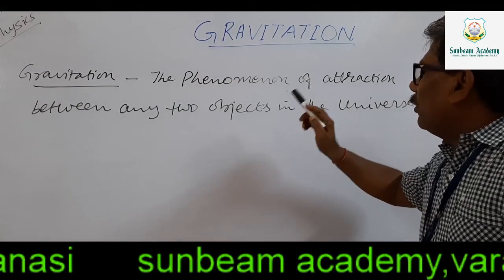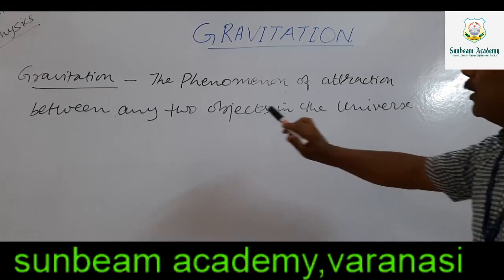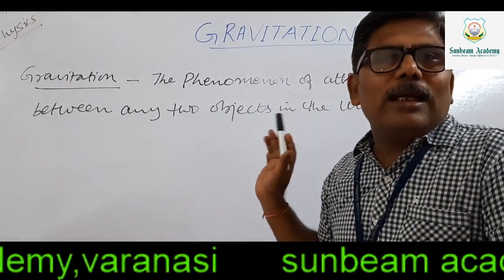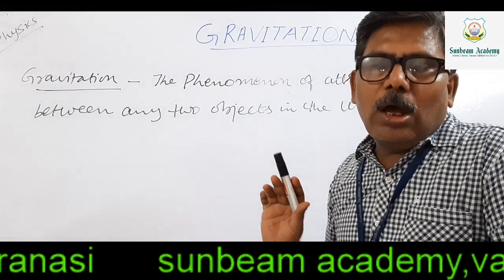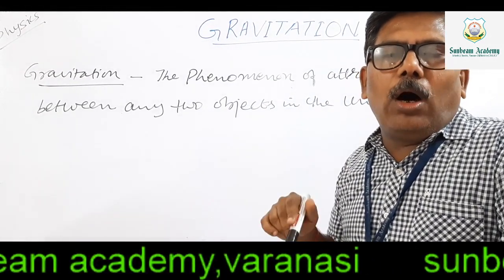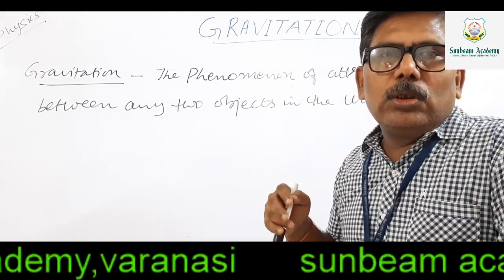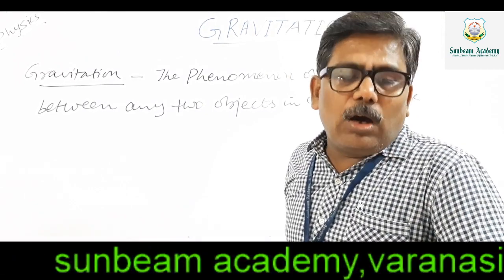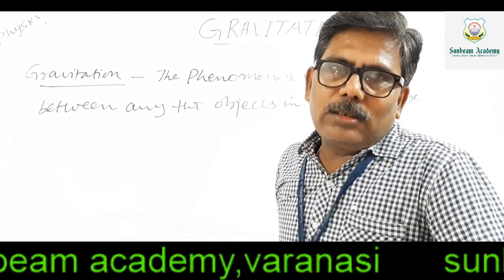You can say that the force of attraction between any two objects in the universe is known as gravitation. On the basis of this, Newton gave a law that is called Newton's Universal Law of Gravitation.